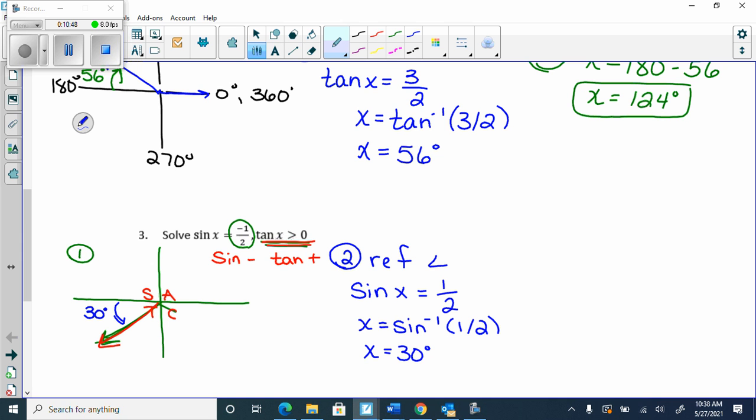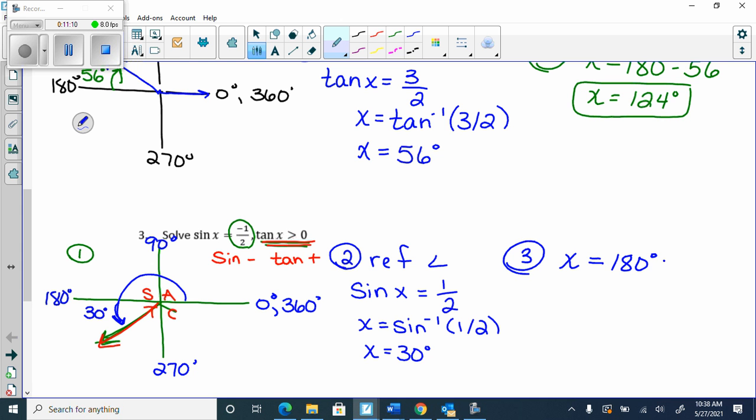And in quadrant 3, I always go 180 plus the 30, right? What's my variable? X. X equals 180 plus 30, which equals 210.